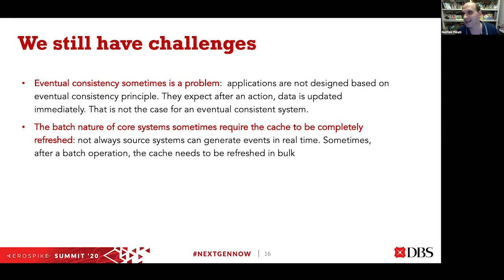Now, we still have some challenges, the first one being eventual consistency, because what we have here is streaming and eventual consistency, and our data platform is not just used for analytical purposes, but also for operational purposes.